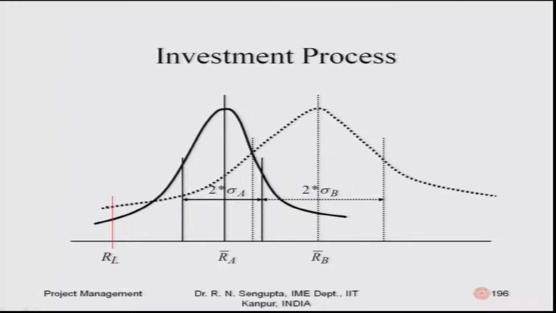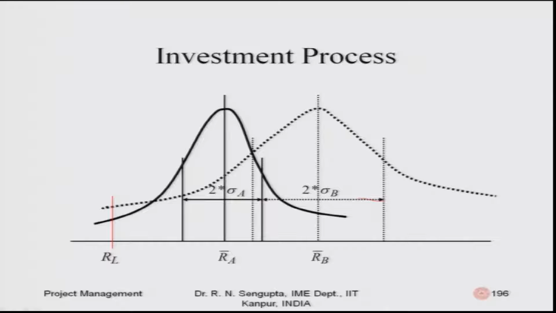This 2 sigma means I am going plus sigma onto the right, minus sigma onto the left, the sign meaning moving to the left with the negative. Again, this is the average value of B, this dotted one is the return distribution for the portfolio of project B, and again if I move from the average value onto the right, this is the quantum of movement, and if I move to the left, this is the quantum of movement.